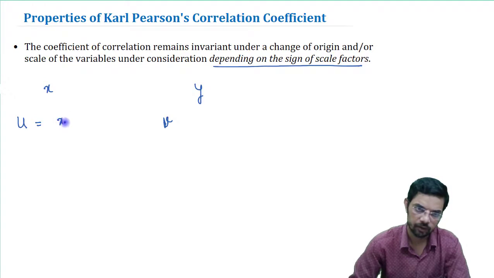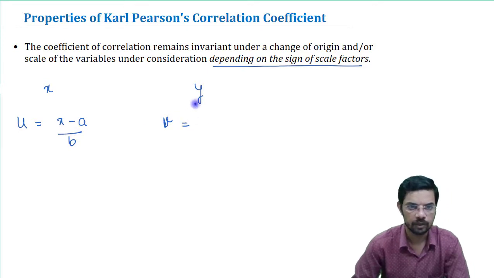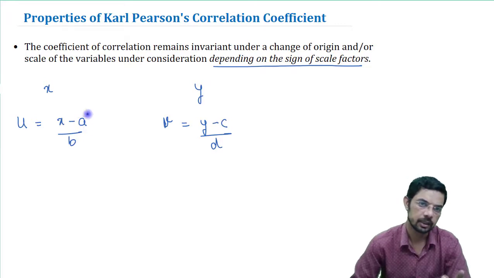Like we can have u equal to x minus a divided by b, and v equal to y minus c divided by d. Here a and b are respectively the origin and the scale factor of x. In the same way, c is the origin and d is the scale factor of y.